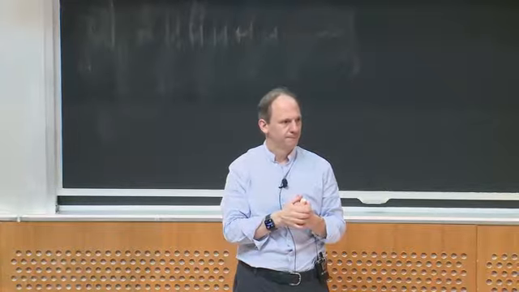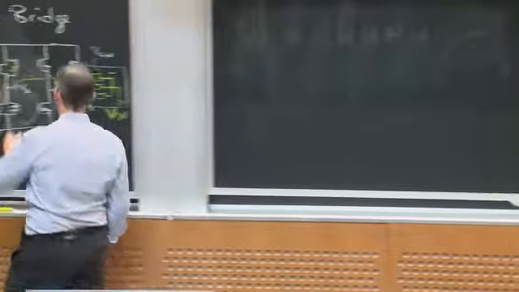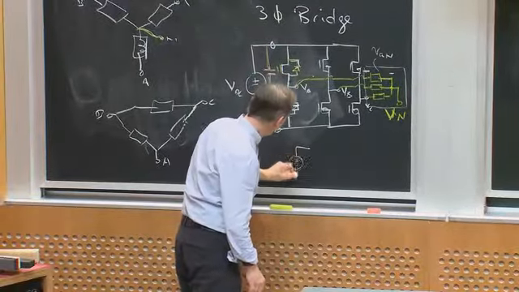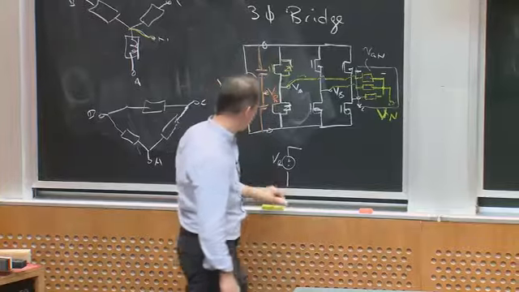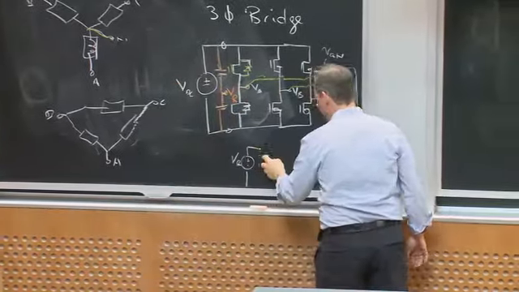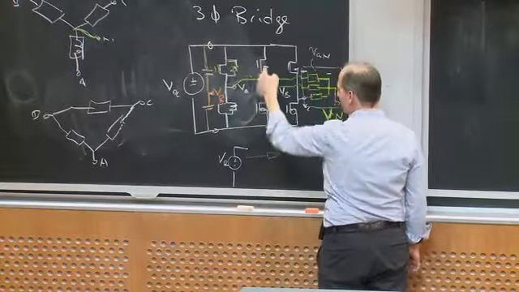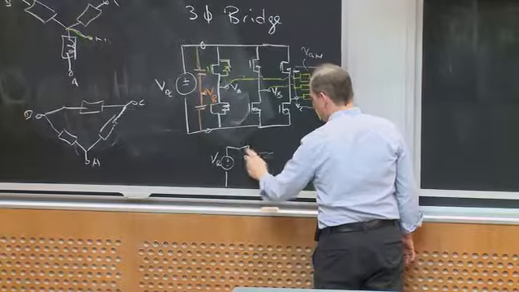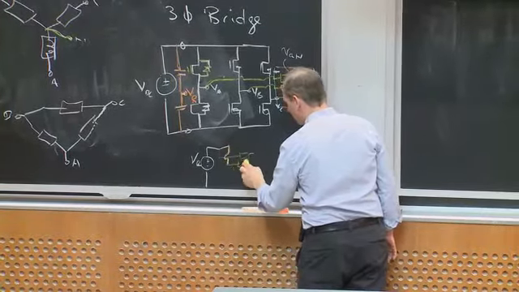So where's the voltage divider again? For example, suppose I took, let me draw it this way. Here's VDC, right? Suppose I turn the top switch on here, so I tie this guy to the top. If the top switch is on here, I tie this guy to the top.